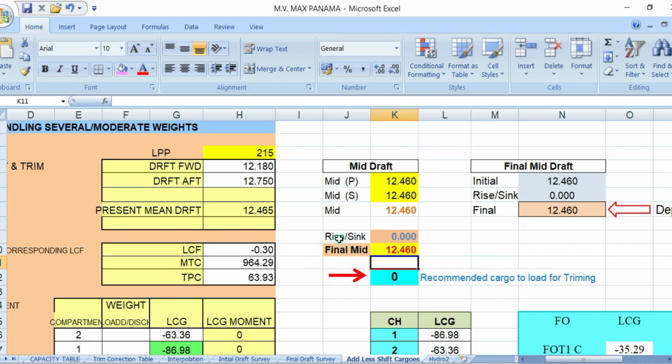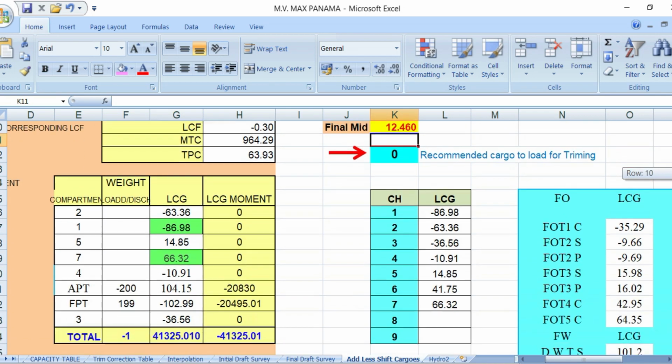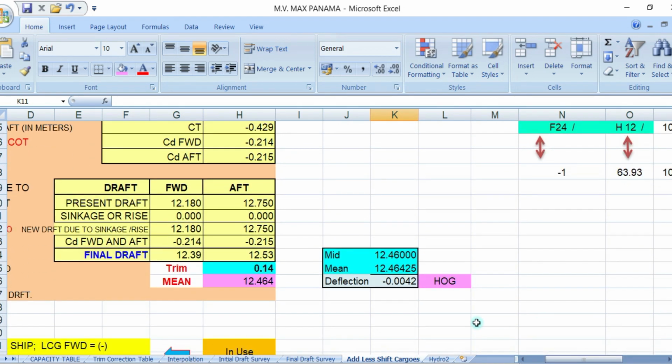Since this is your final mid, you put it here. This will be your final mid. And your mean draft, which is this one, place it here. Then you will have a zero deflection.